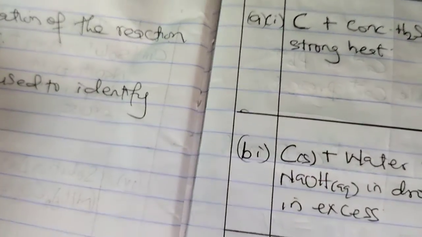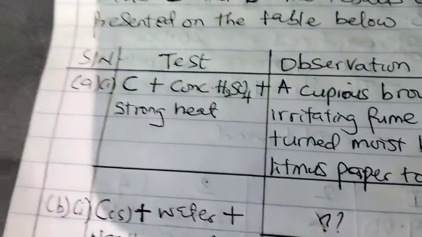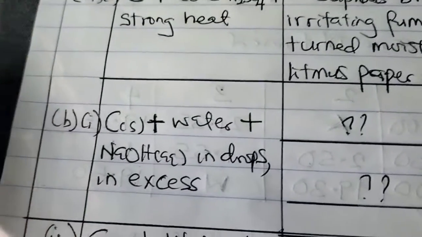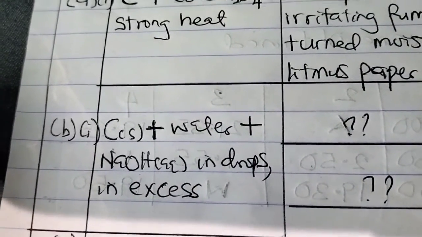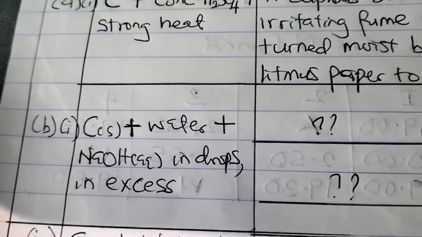Okay, we'll now go to the next question, which is 2BI. It says C plus water plus sodium hydroxide in drops, then in excess.